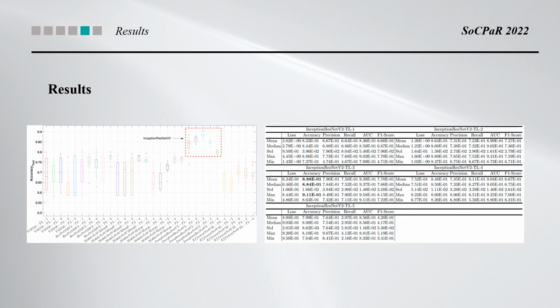Moreover, as we discussed earlier, the result of Inception ResNet V2 was much better than other models, and Model 3 of this architecture has the best performance, achieving 91.1% accuracy, 84.9% precision, 79% recall, and 81.5% F1 score.